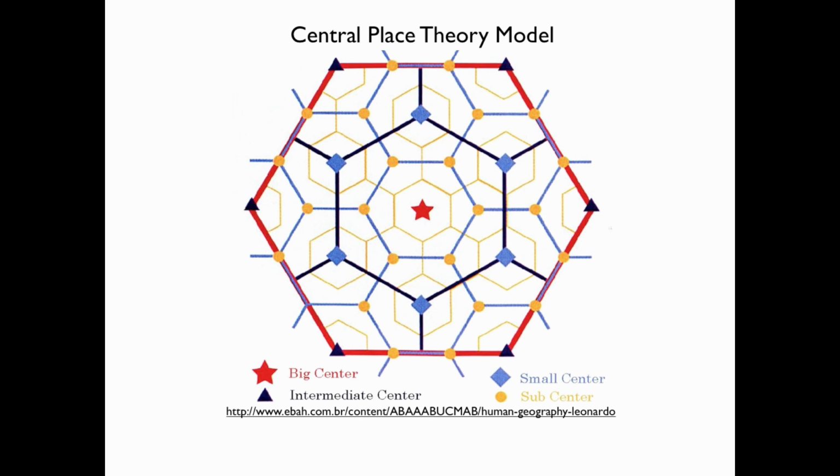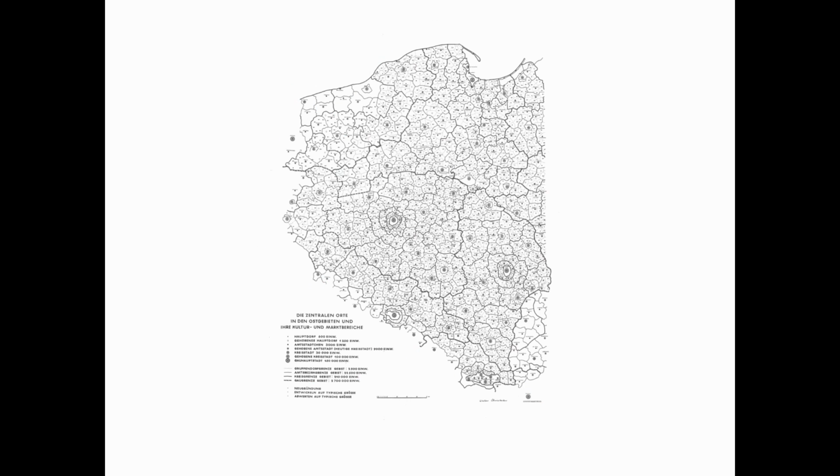So let's move from this map that is a schematic diagram of central places to the next map, which is a German map showing the sizes of different central places and their distribution within an area of Germany. And you can see there are some large central places here that are fairly evenly spaced, and there's a network of other central places that exist around that.